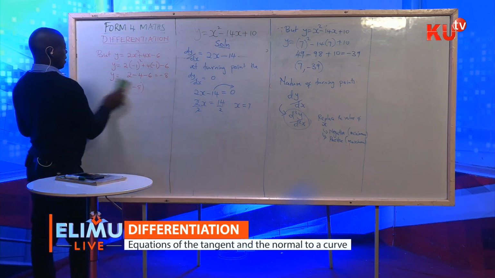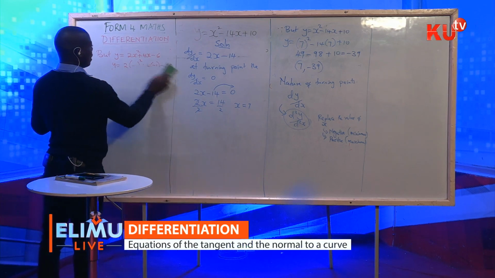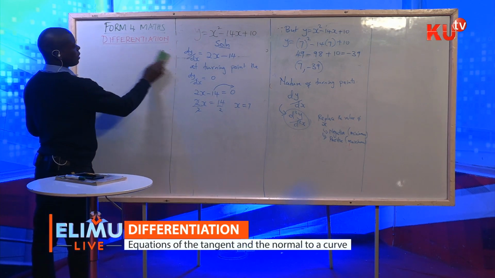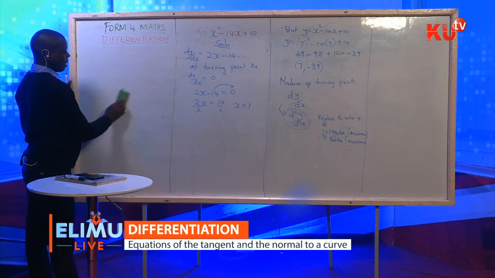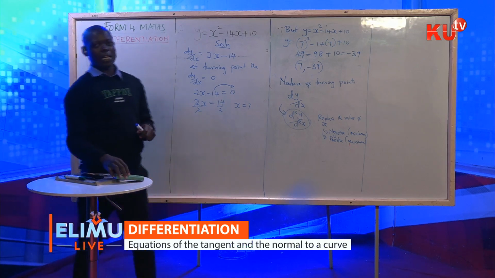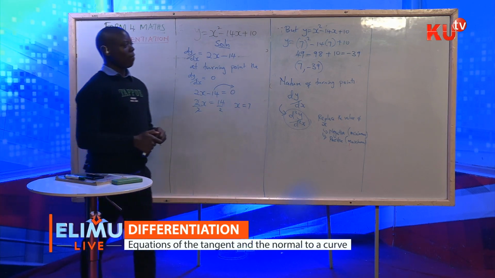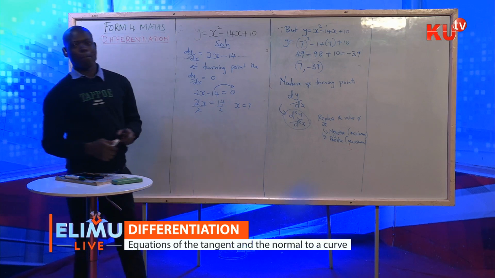So what do we mean in this case? We've already determined our point as 7, negative 39. I want us to use it just as an illustration to show whether the point that we have is maximum or minimum.